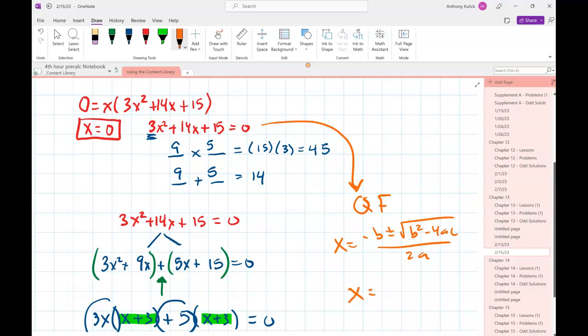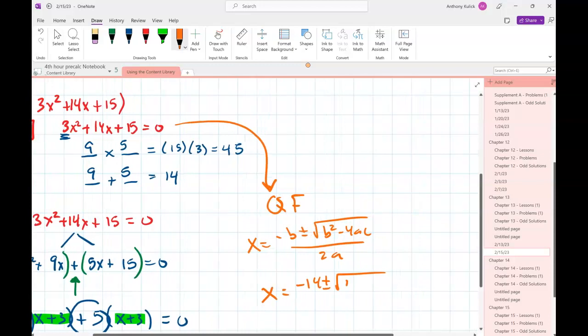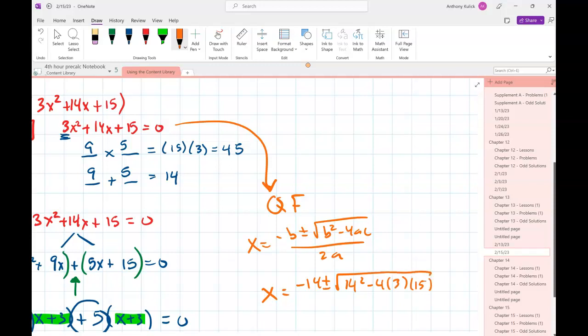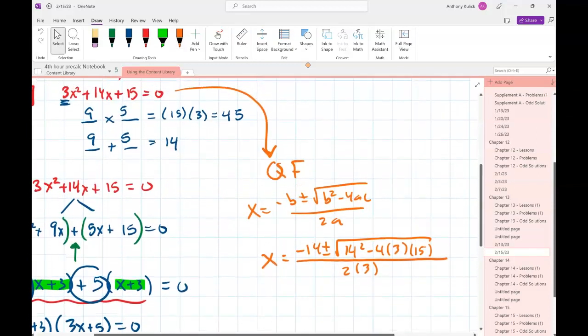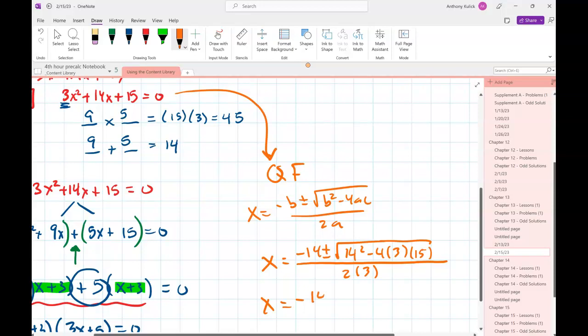So if I wanted to do that, well, what's 14 squared again? Is that 196? I think it's got to be, right? Yeah. So 14 squared is 196.